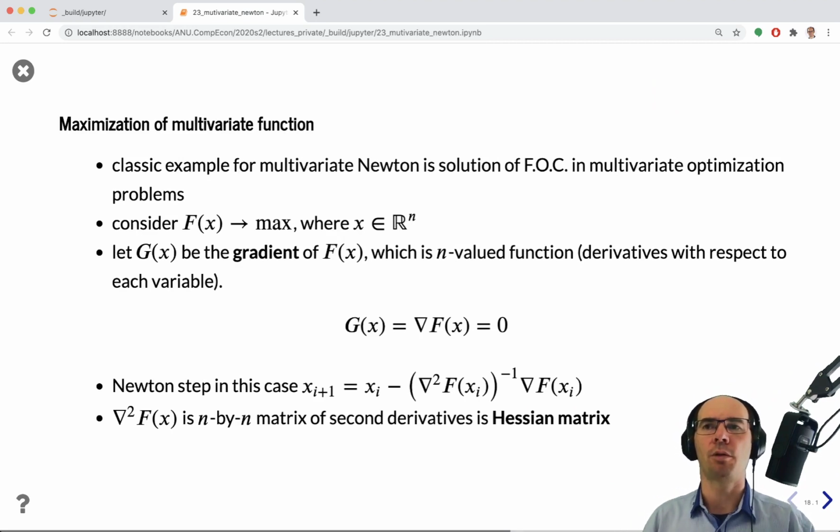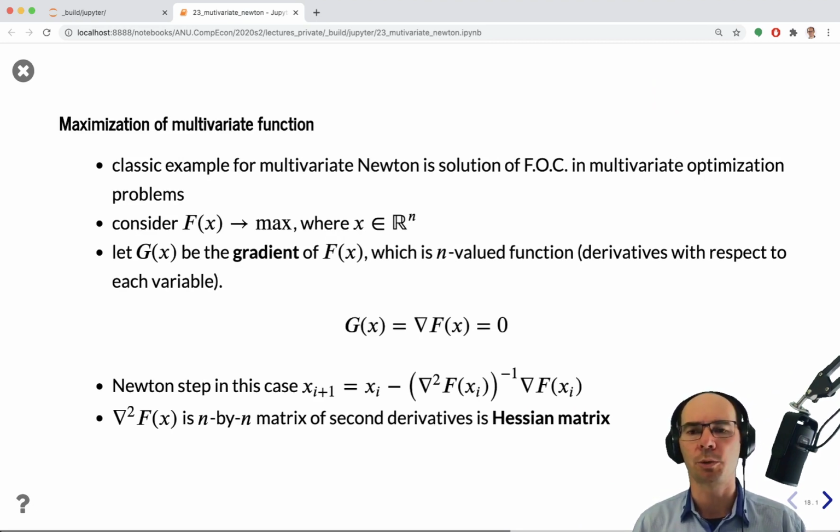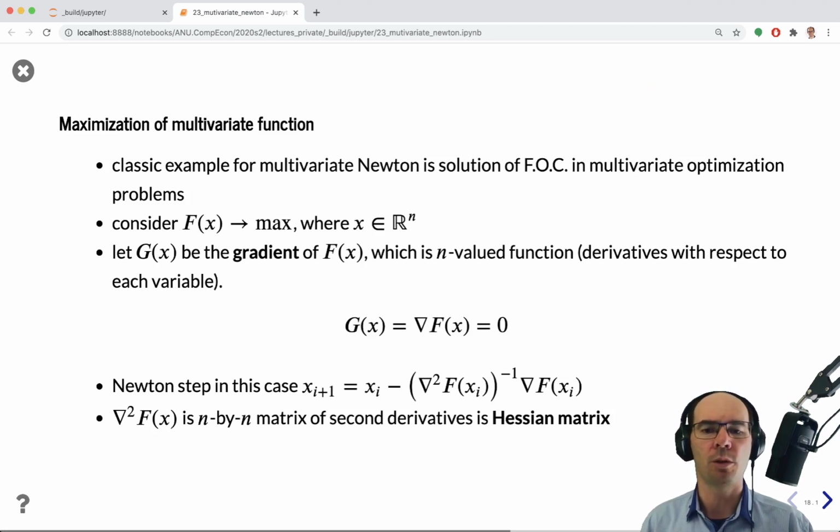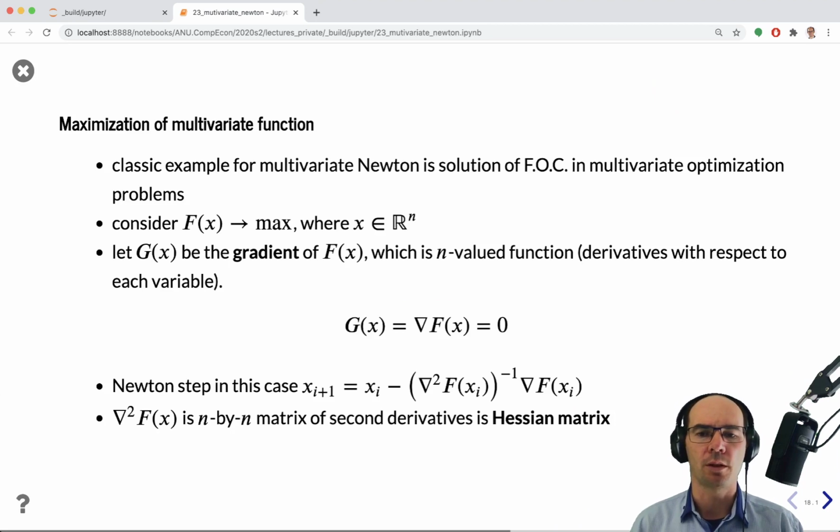If you think about the product market equilibrium from the previous video, which was solved by successive approximations in the space of the utility functions, that could as well be solved with the multivariate Newton method, after appropriately specifying the function that we want to solve for and its Jacobian.